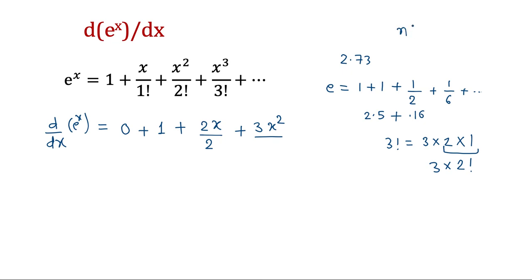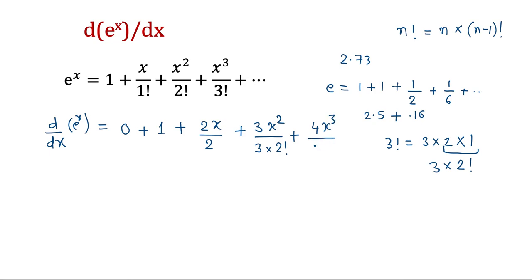So 3 factorial can be written as 3 multiplied by 2 factorial. Or in general, n factorial can be written as n multiplied by (n minus 1) factorial. So here we will write it as 3 multiplied by 2 factorial. Similarly, the next term will be x raised to the power 4. So 4 will come ahead and the power will decrease from 4 to 3.